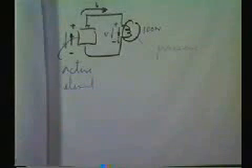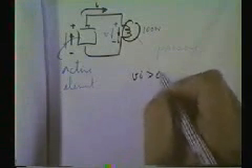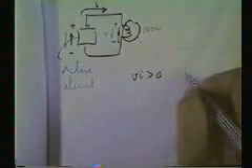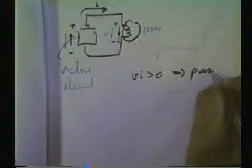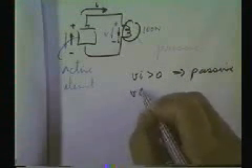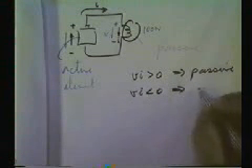The current goes this way, I. And how about this one? This goes this way, and then the current goes the other way around. So you can say VI is greater than 0, this one will be the passive. And VI less than 0, it will be the active.